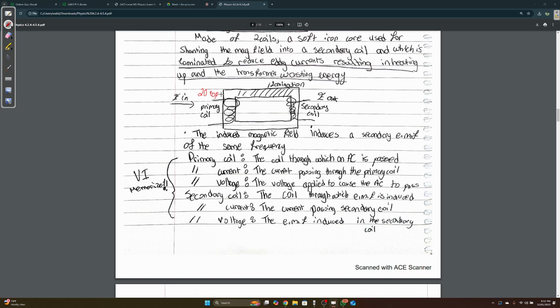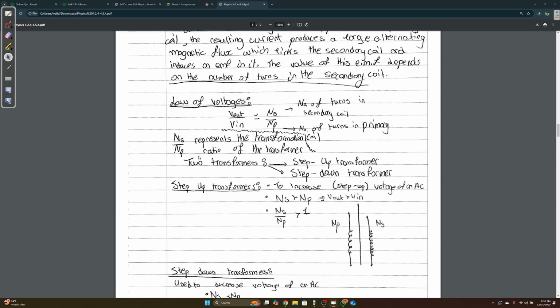Here you have 20 loops, and then here you have 30 loops. So obviously here, since there are 30 loops, it's going to increase the EMF, and that's it. But let's say here you had 20, but here you had only 10. That means it would decrease the EMF. So it all depends on the number of loops, and you're going to see now.